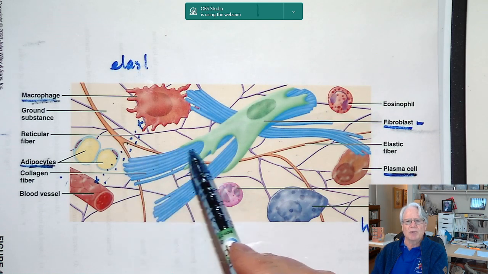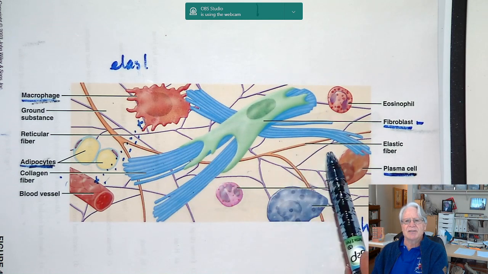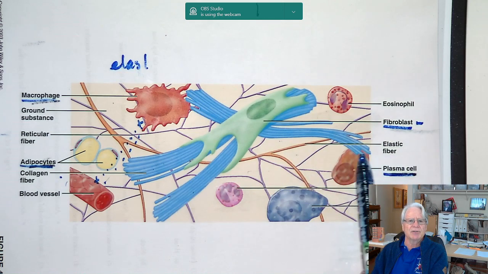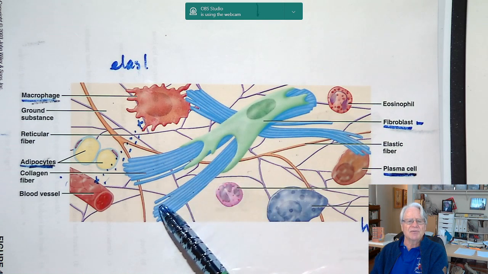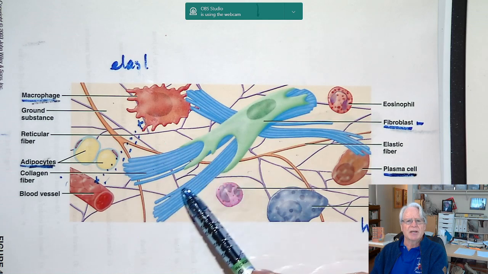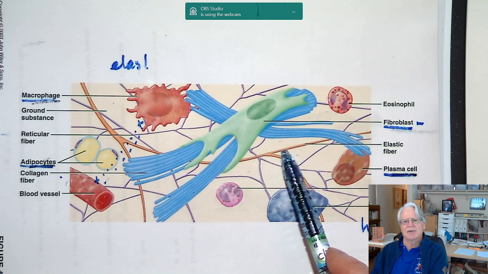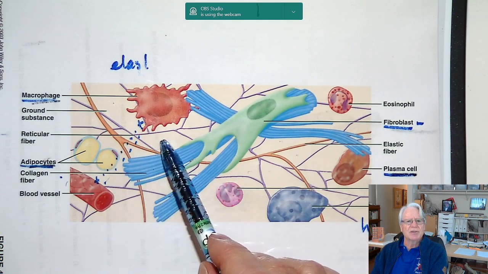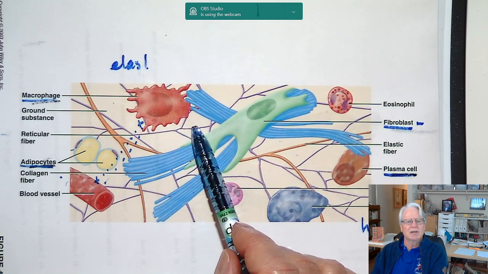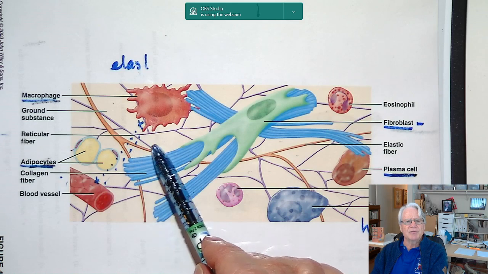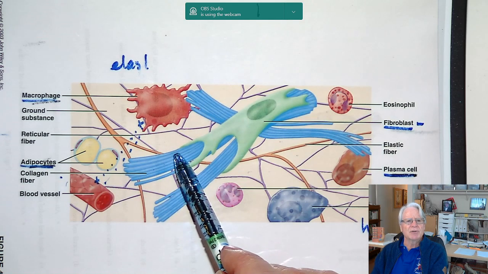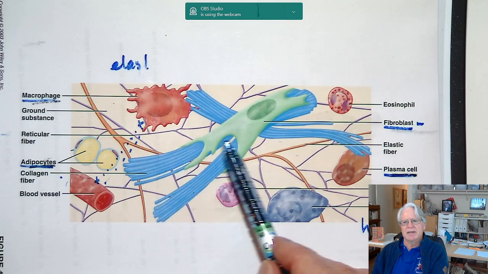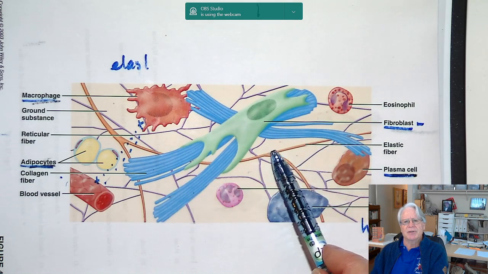The big ones here, in brown, those are the elastic fibers. These are the collagen fibers, and they're quite a bit bigger than the elastic fibers. And then there's the reticular fibers, which are the smaller ones that you see here. So those 3 different types of fibers: collagen fibers, reticular fibers, and elastic fibers.